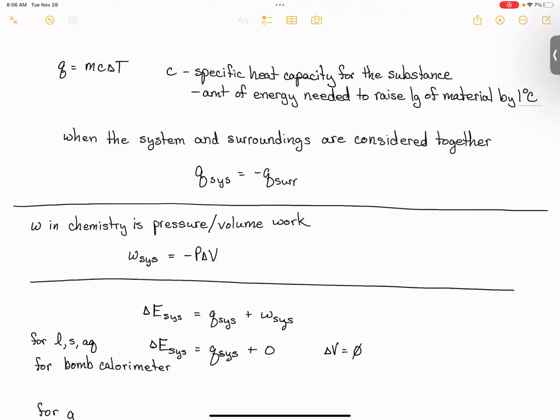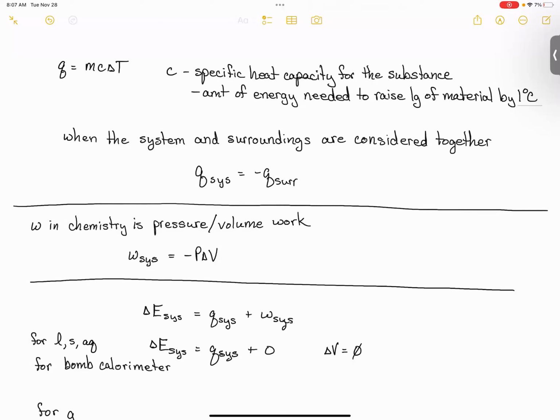So again, if we're going to really talk about the energy of the reaction, we've got to talk about the heat of the system plus the work that's done by the system, where the work is P delta V work. Now, if we're talking about a liquid, a solid, or aqueous solutions, the amount of pressure and volume change is going to be negligible to zero.